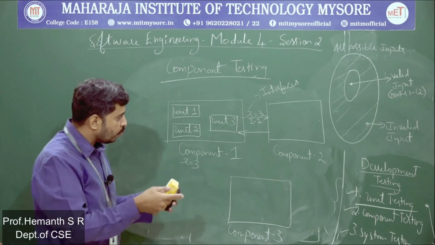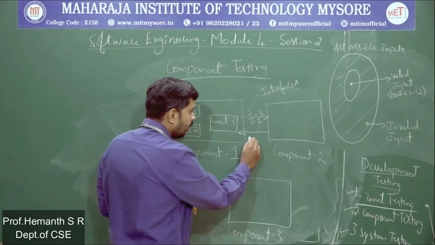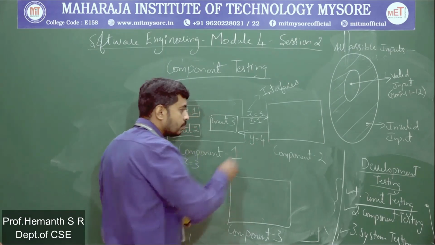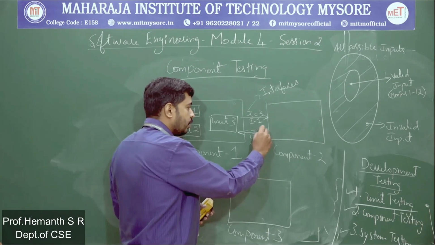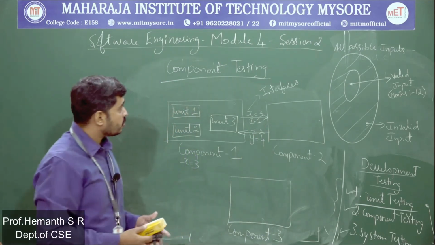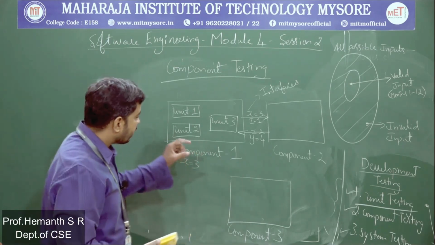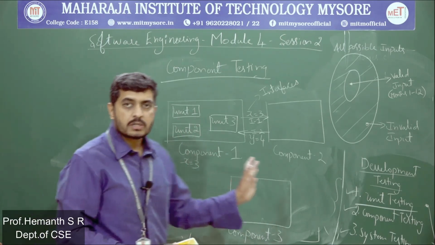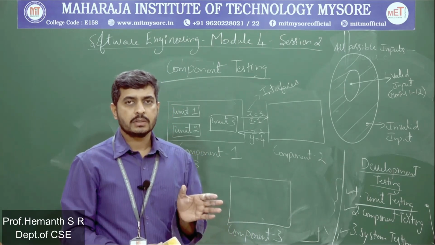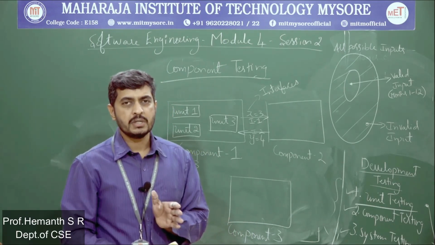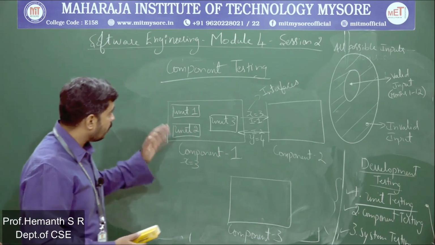If component 2 wants to send something to component 1, for example y equal to 4, it will use interface 2. So basically in component testing, we will be checking whether the interfaces between the components, which are used for communication, are working correctly as per the expectation. So this was about component testing.